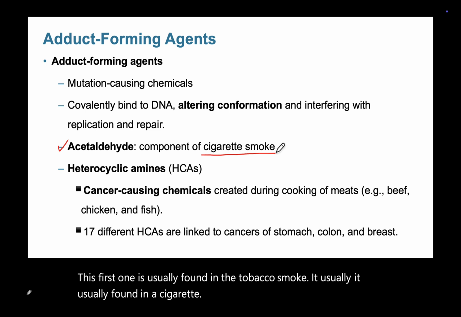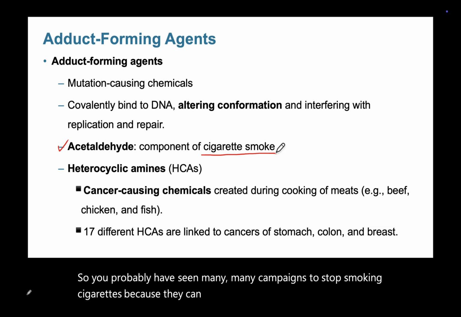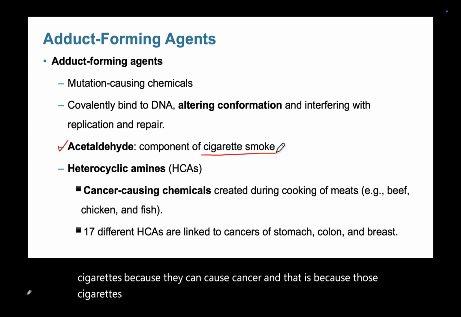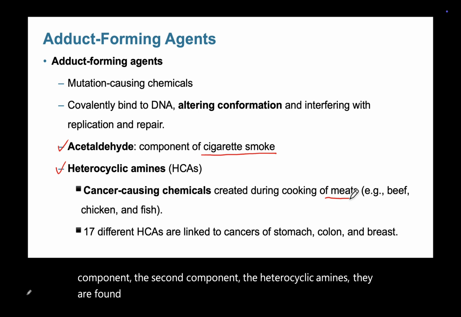So you probably have seen many campaigns to stop smoking cigarettes because they can cause cancer. That is because cigarettes usually have this mutagen component. The second component, the heterocyclic amines, are found in meats when you cook them at higher temperatures.